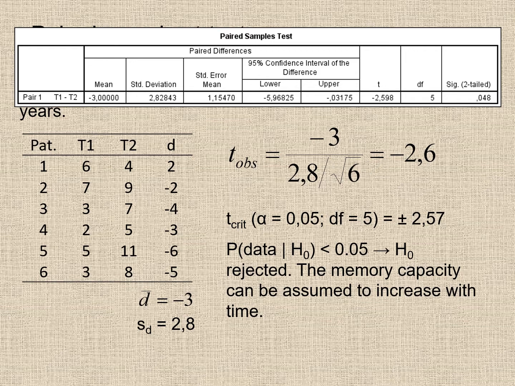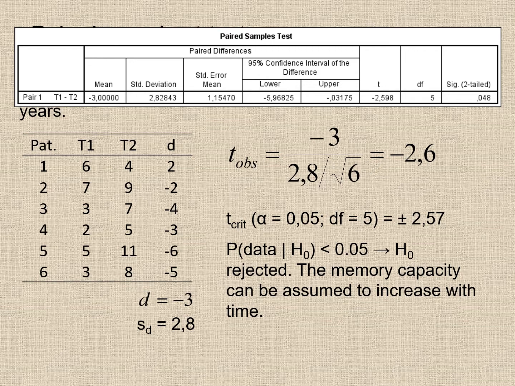And we have 5 degrees of freedom, and then we get our p-value, sig. 2-tailed, 0.048. So this value tells us that if the population mean is 0, then the probability of getting a sample mean for samples of this size that differs this much or more from 0, 2.6 or more standard errors from 0, is 4.8%.